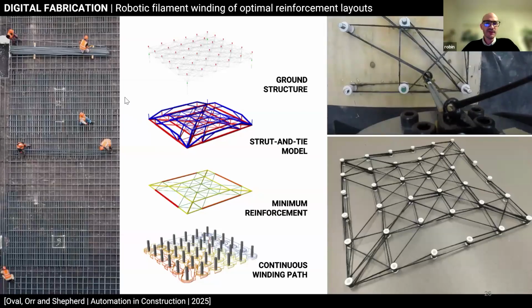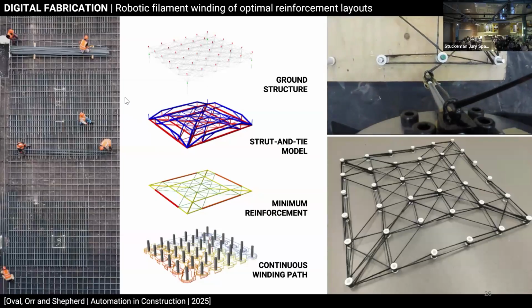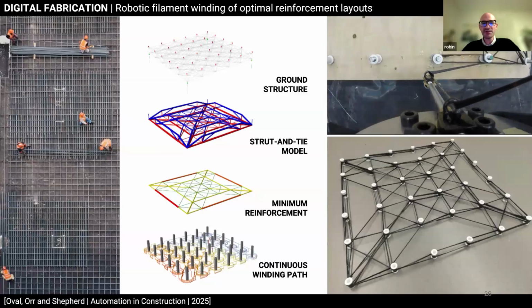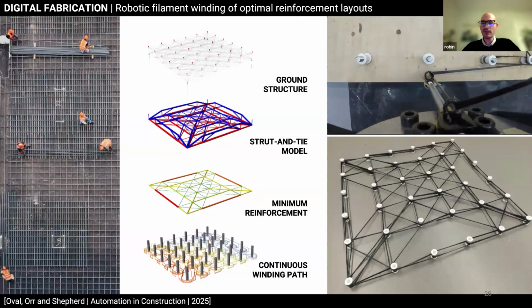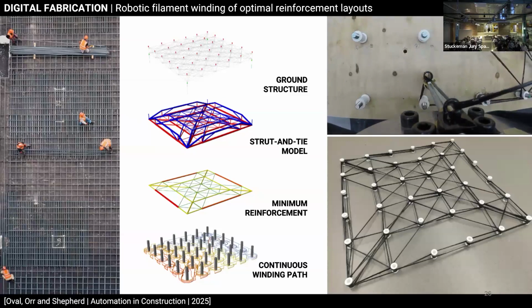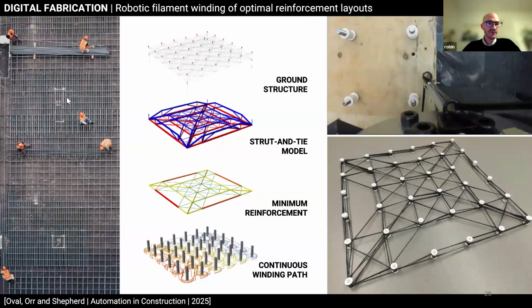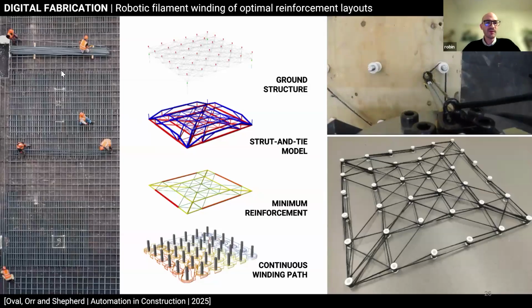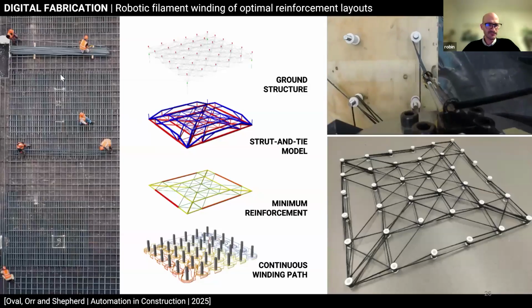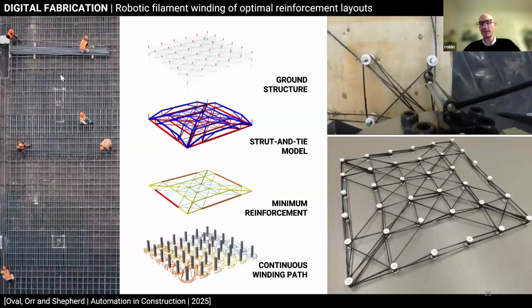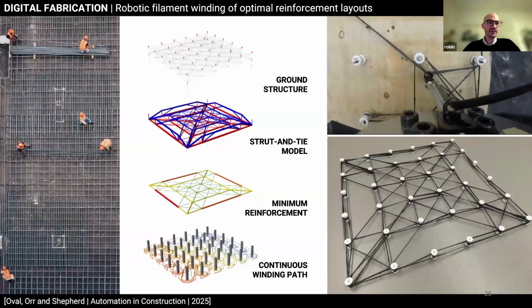These structures are over-designed, so there's too much material in it, mostly concrete. But concrete only accounts for 60% of that. If you look on the left side, you can see the rebars, reinforcement bars made of steel. They actually account for 40% of the embodied carbon.